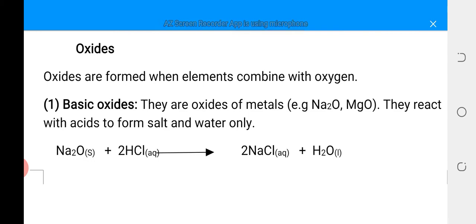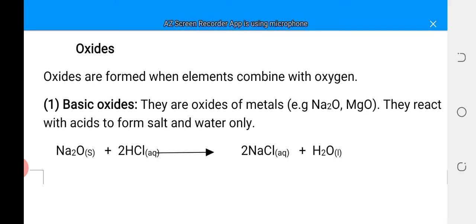We talked about the occurrence and the discovery of oxygen. We have looked at laboratory preparation, the industrial preparation. We have looked at its chemical and physical properties and the tests. Now I want to move forward looking at oxides.